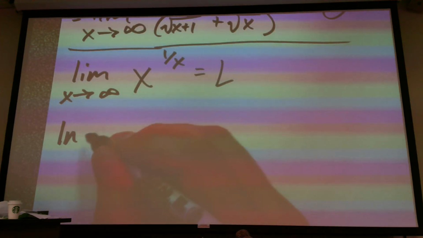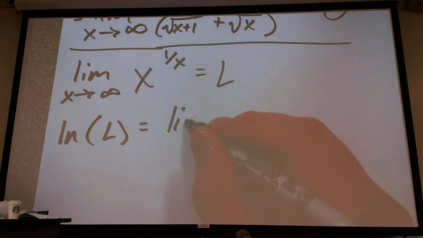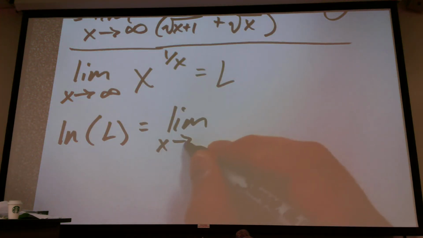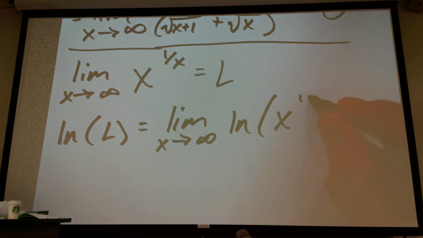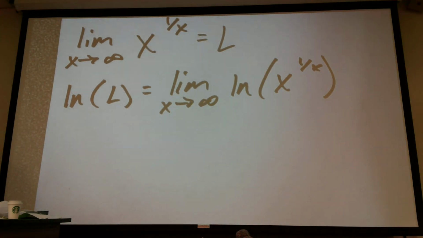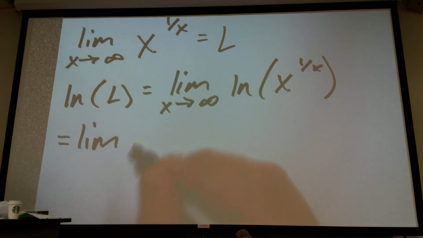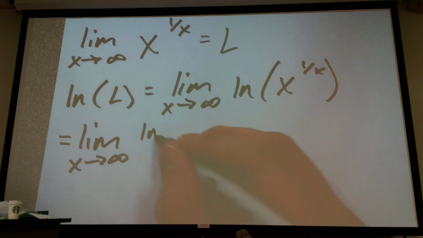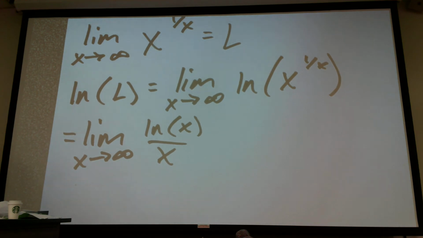So the natural log of L will equal the limit as x tends towards infinity of the natural log of x raised to the 1 divided by x. So that equals the limit as x tends towards infinity of the natural log of x divided by x.